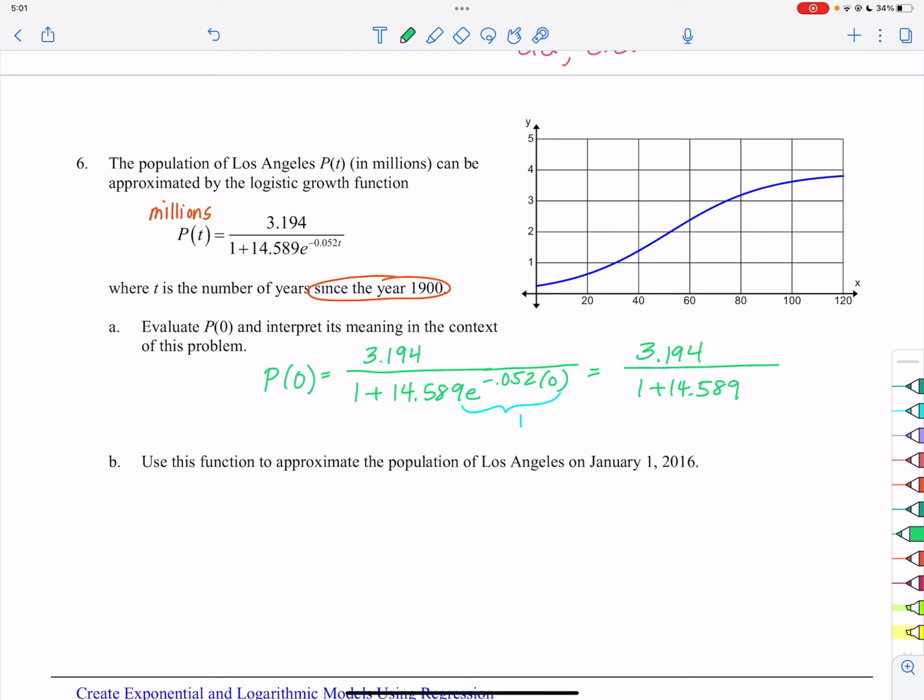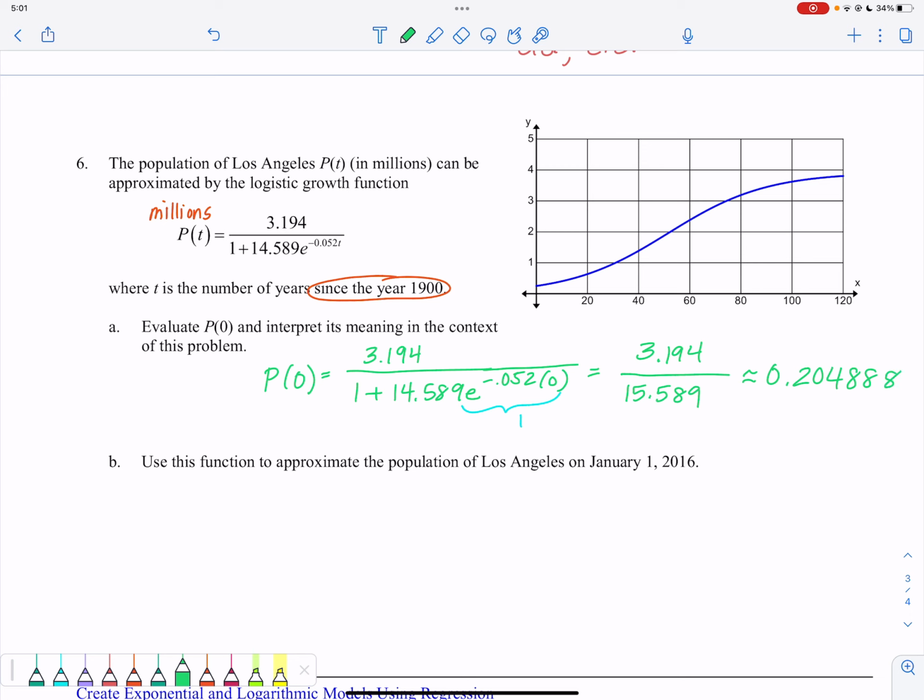And as you can see, that would just be 15.589. So maybe I will just let you all see that that's 1 plus 14.589. So that's just 15.589. And that's approximately 0.20488.